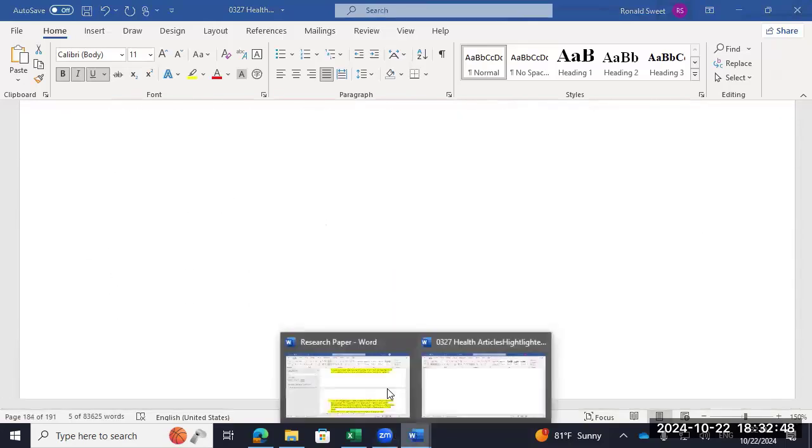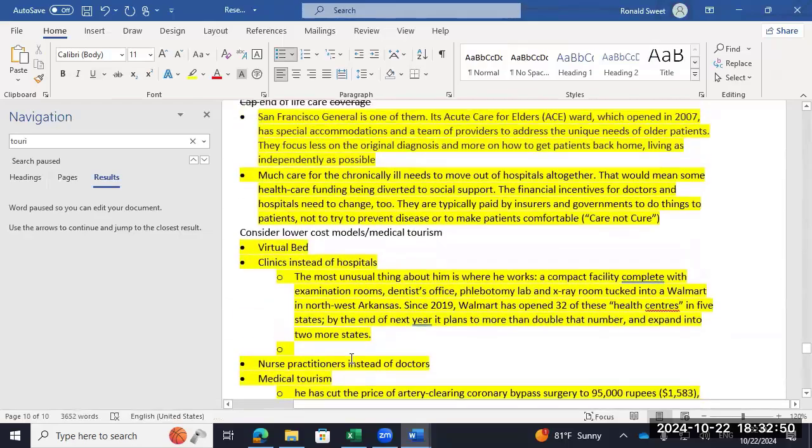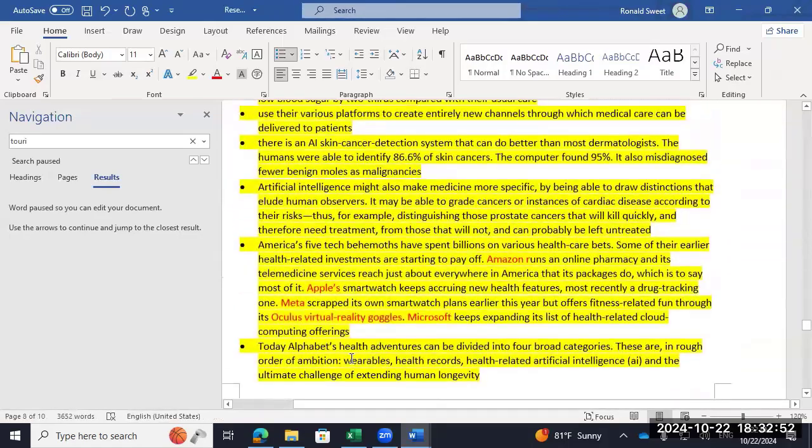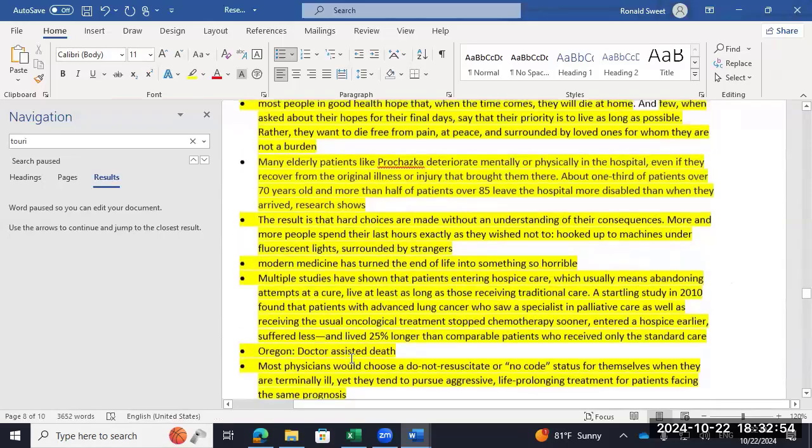So let's talk about pre-existing conditions. Just talk about it. We'll go under the problems. It's one of the very last problems.